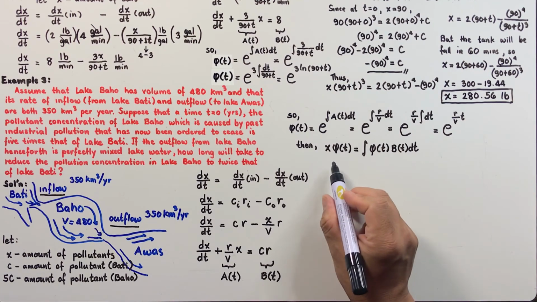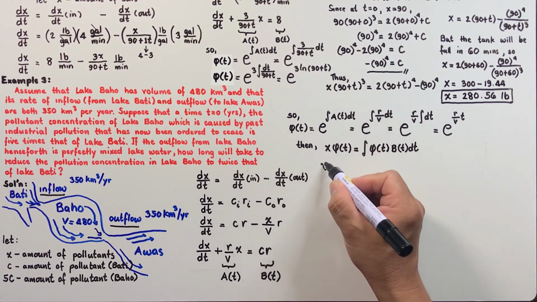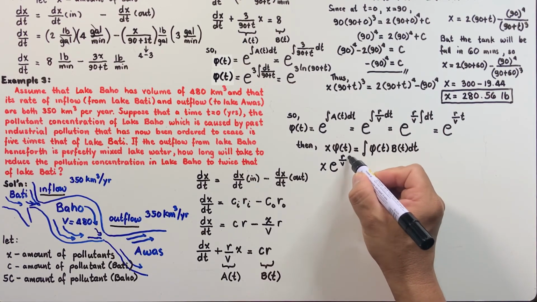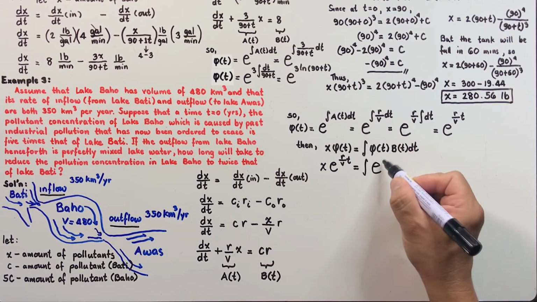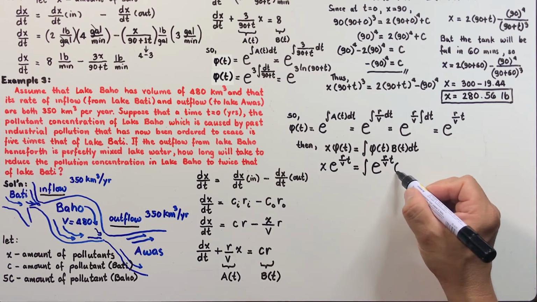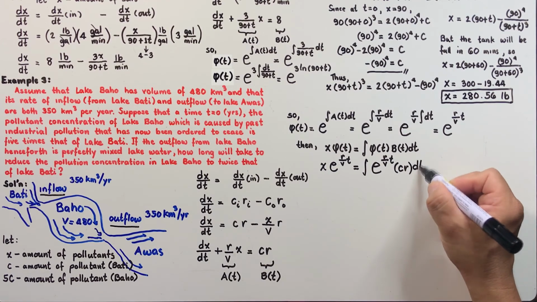And substituting our integrating factor, which is this one, we have x times e to the power r over v t is equal to the integral of e to the power r over v t times the b of t, which is cr from here times dt.